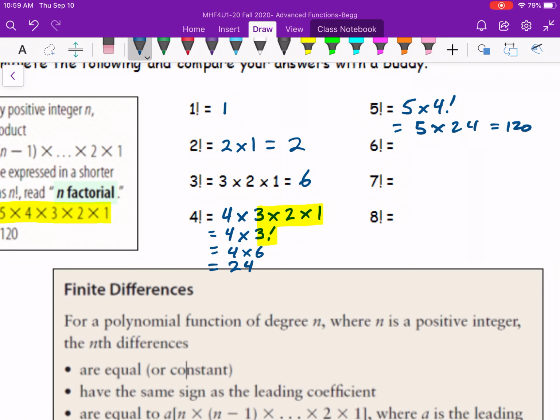And that's going to be the same as 6 times 5 factorial. So 6 times 120 is going to equal 720. And then so on, right? Let's not do this mental math way.